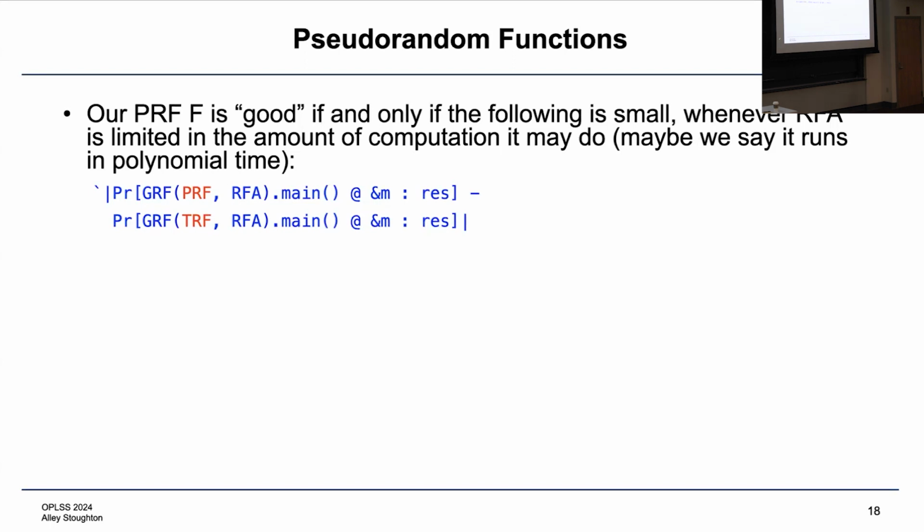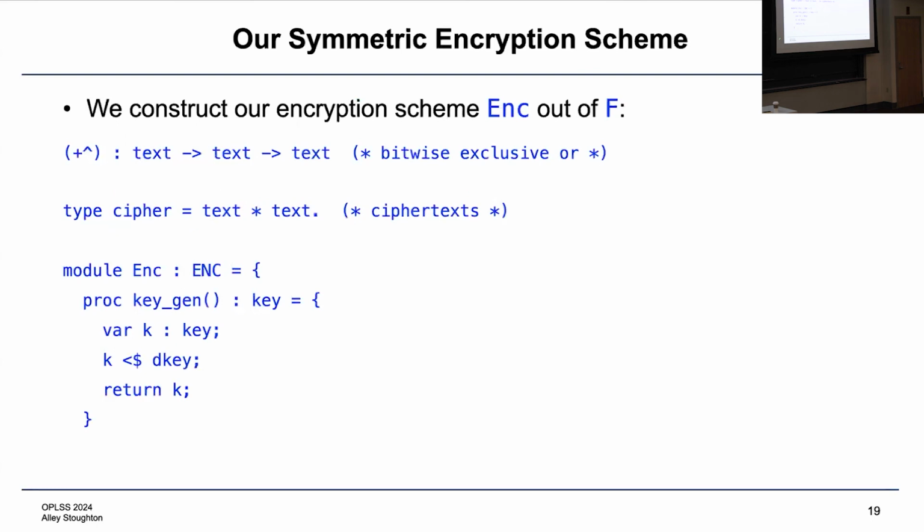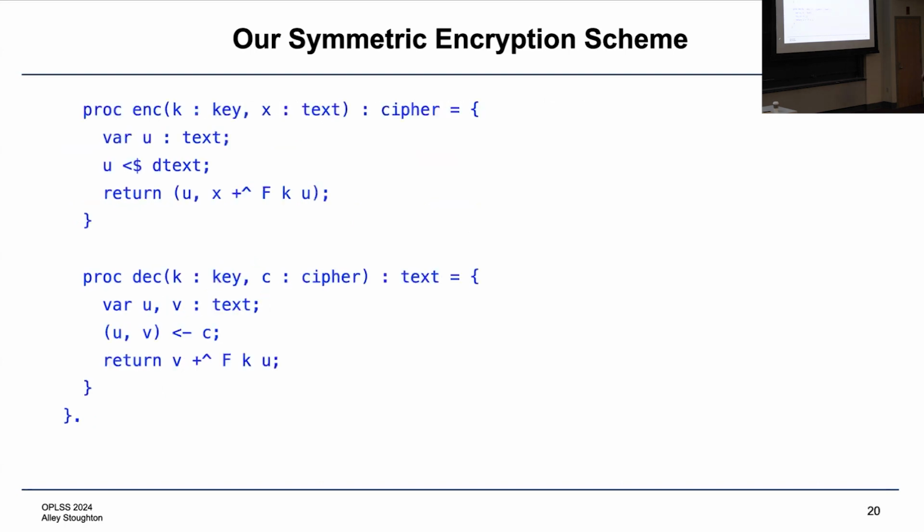Okay, so our particular encryption scheme is using bitwise exclusive OR on text values. Ciphertexts are pairs of text values, which probably seemed a little obscure. Key generation just generates a PRF key. So the symmetric encryption keys and PRF keys are the same. What does encryption do?